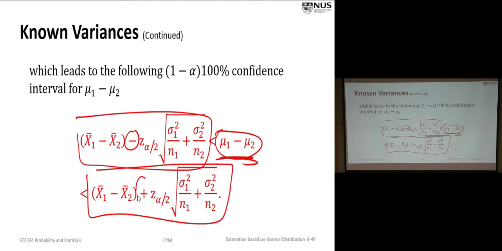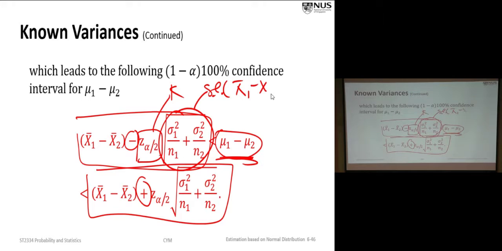And you can see the difference is one is minus, the other is plus. All right, this is my constant. This part is the standard error of x1 bar minus x2 bar, the square root of the variance of x1 bar minus x2 bar. All right? So we have a formula for the confidence interval.